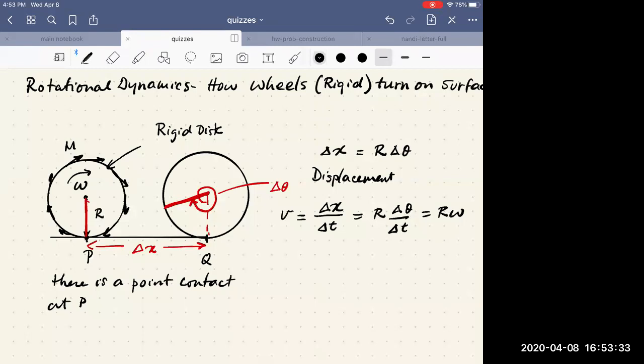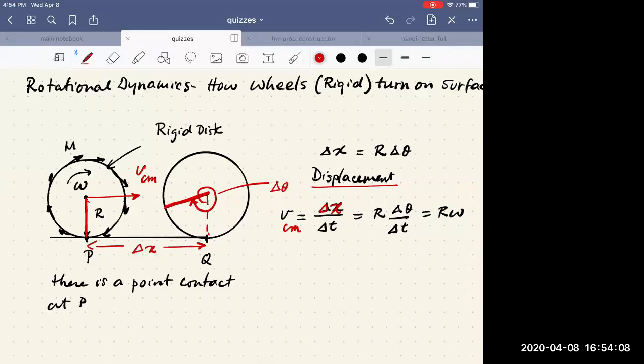We have to be a little cautious here, because this delta x is displacement, and therefore delta x over delta t is the velocity, but the velocity of the center of mass. So if the wheel is going from point P to point Q, the velocity we are talking about is V center of mass.